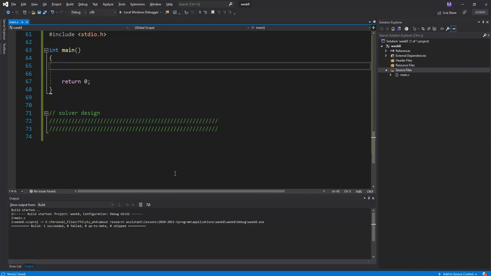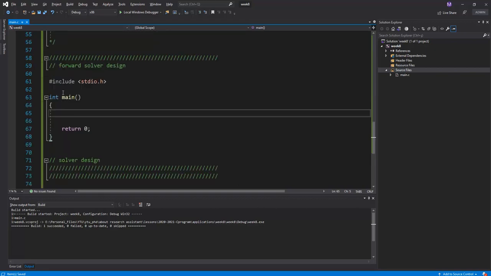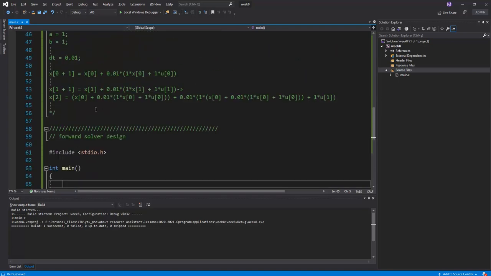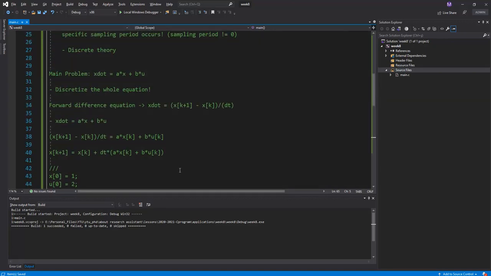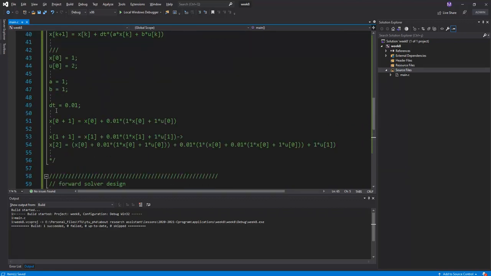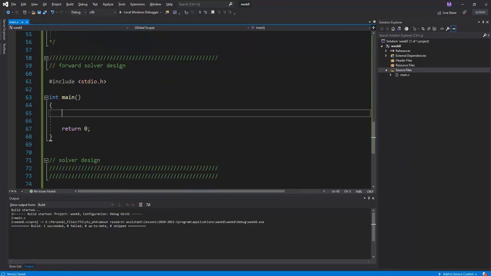Okay, these are the main general code, and so we can start to write the specific variables and the notation in here.